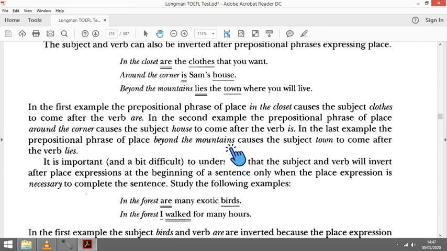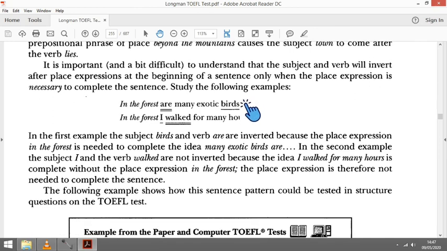Look at this one. It is important and a bit difficult to understand. The subject and the verb will invert after place expressions at the beginning of a sentence only when the place expression is necessary to complete the sentence. Study the following example. Focus on this in this skill, because we need to know when we invert and when we do not.